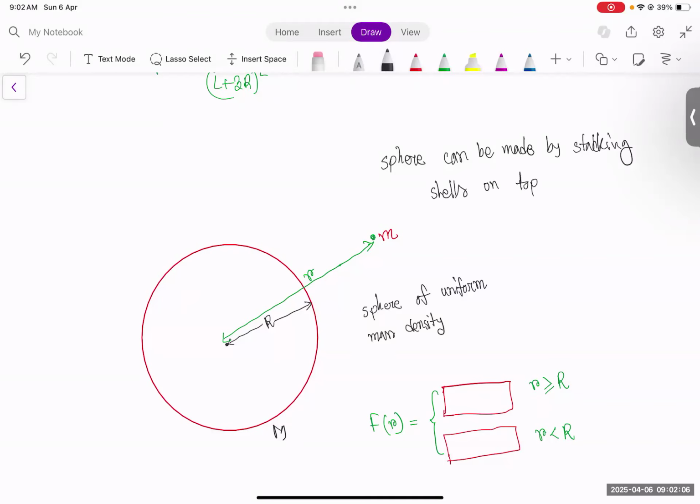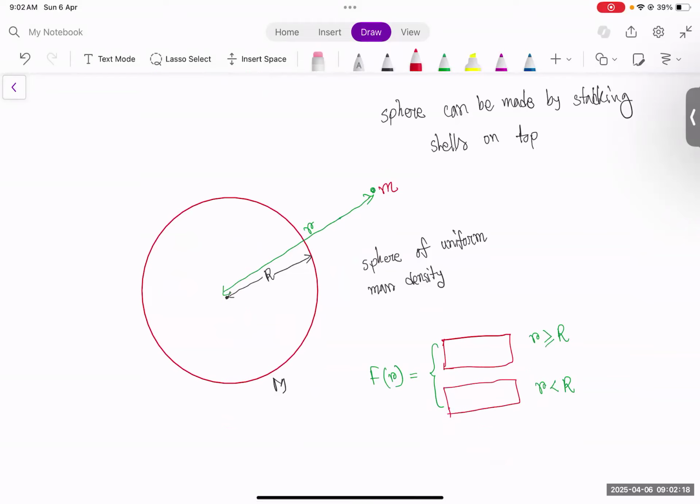So basically we stack one shell on top of another, and so on, and we can make a sphere. So instead of considering this as a sphere, we will consider this as a lot of uniform shells, many shells pressed one over another to make the sphere.